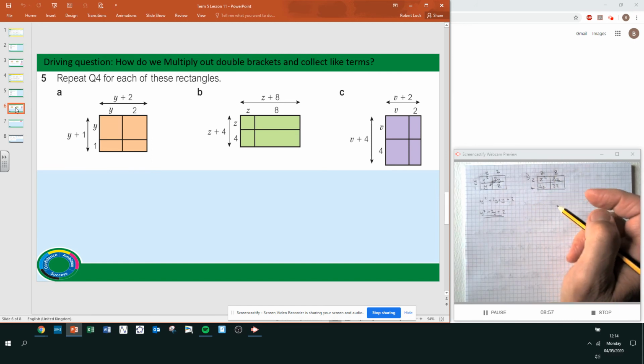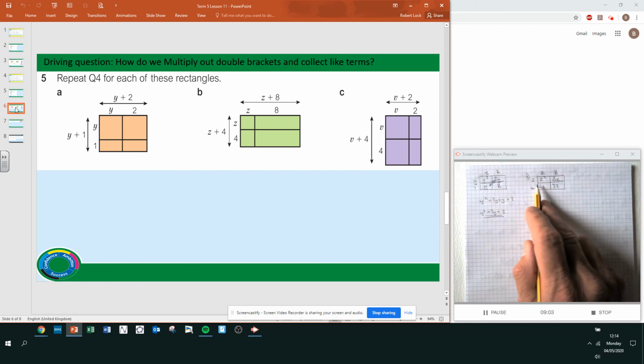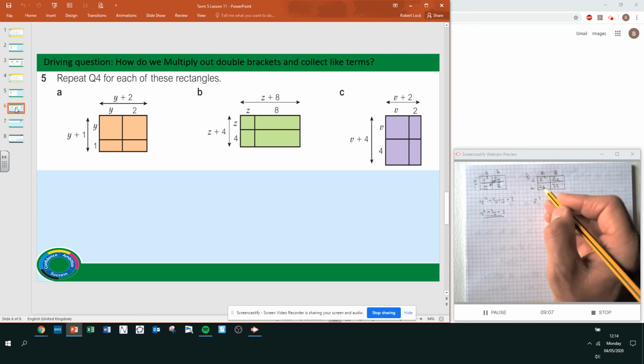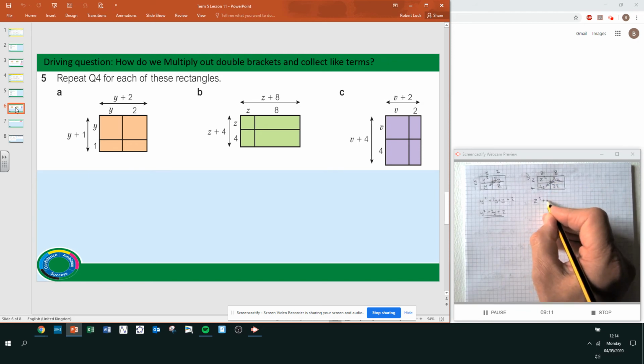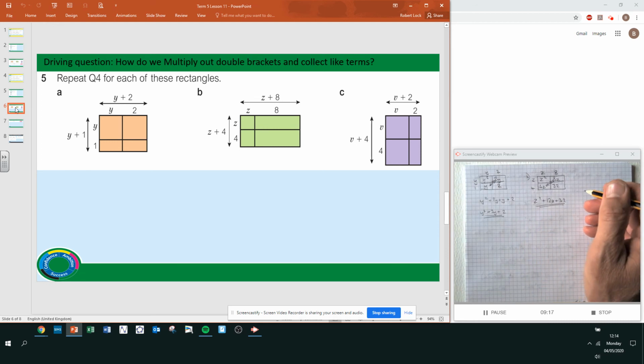This is working out quadratics by using the area model, the area of a rectangle. So z squared, then 8z plus 4z makes 12z, plus 32. Answer.